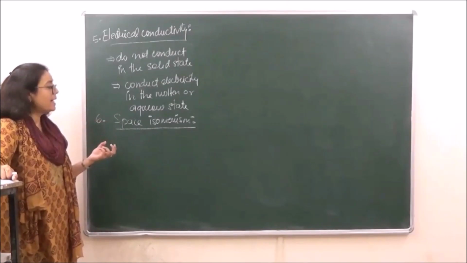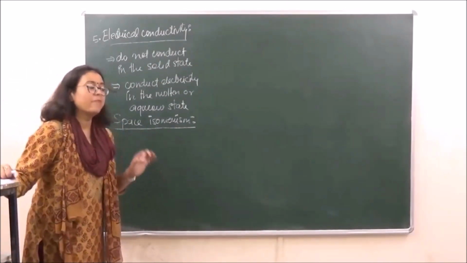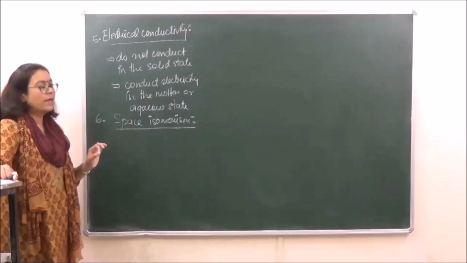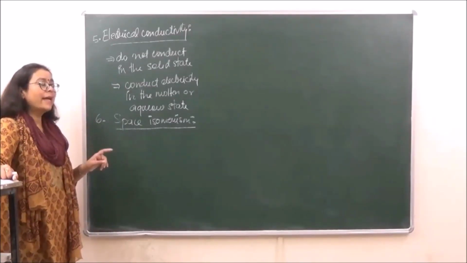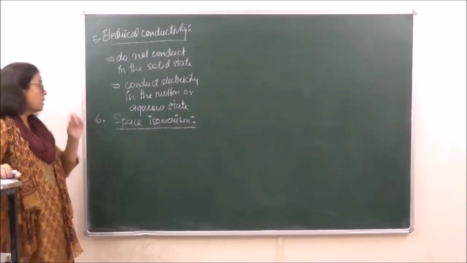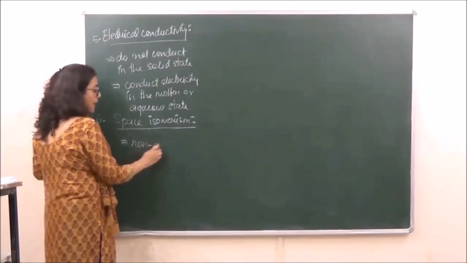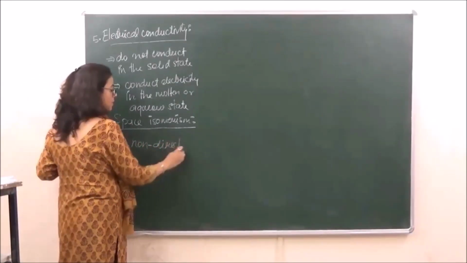Now we say that in case of ionic crystals, all the ions have fixed positions, because they are aligned in an inner crystal lattice. Because of that, ionic compounds are non-directional in nature.